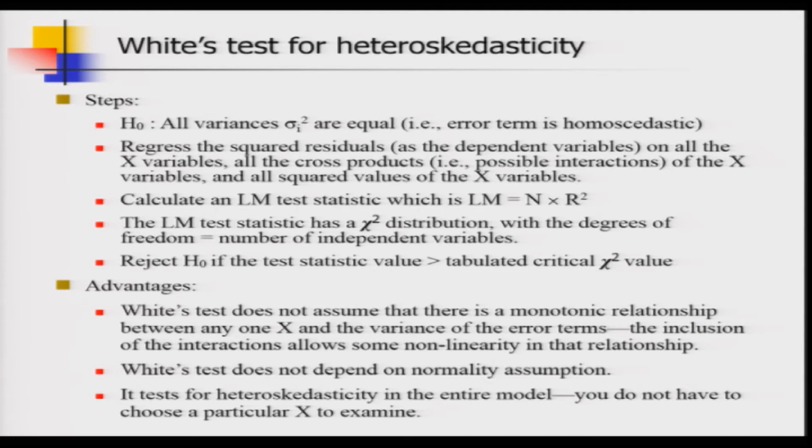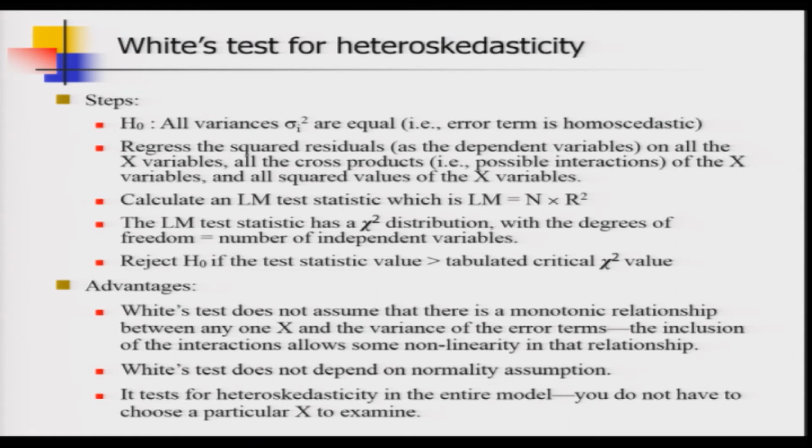So for the same model with only two explanatory variables, the LM statistic follows a chi-square distribution with 5 degrees of freedom, because there are 5 regressors in the auxiliary regression: 2 original variables, 2 square terms and 1 interaction. Okay, I hope this is clear to you now.